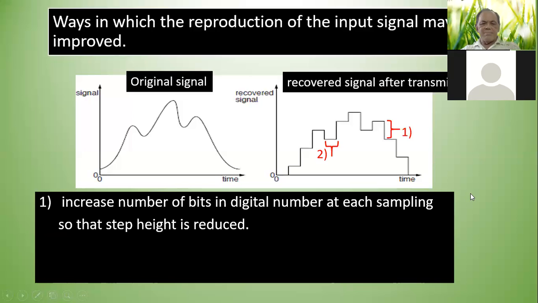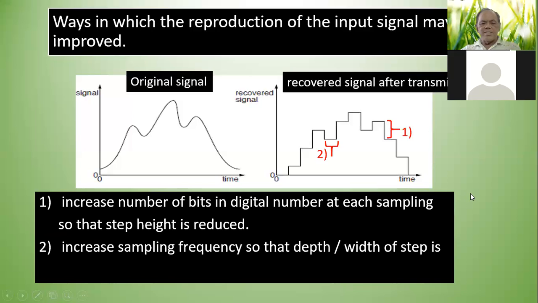Then the next one is number 2: increase the sampling frequency so that the width is reduced. Otherwise you will miss out some of these points. These two are quite similar, but we will miss out this point and that point for the maximum.